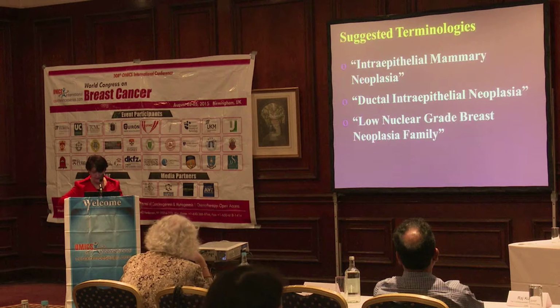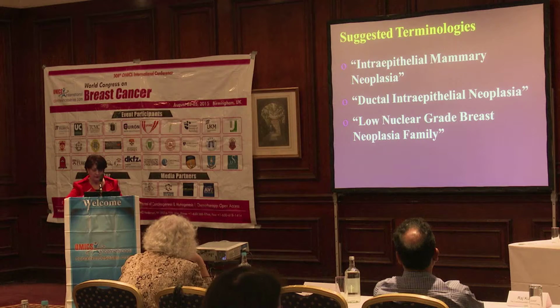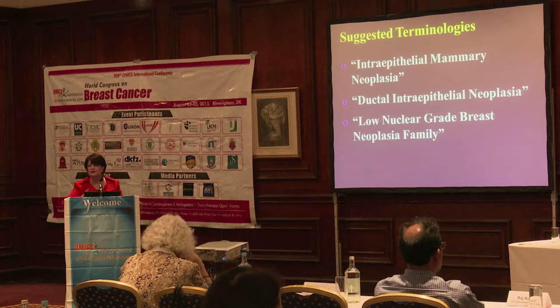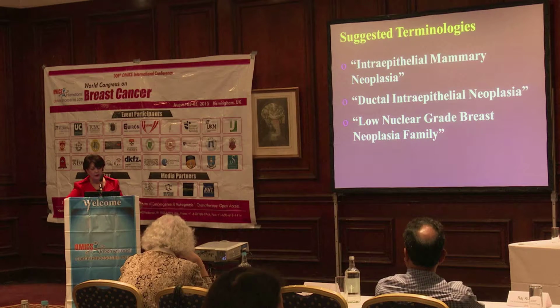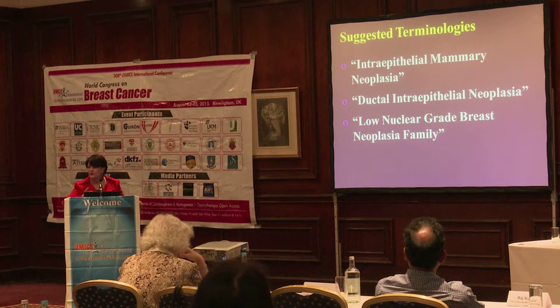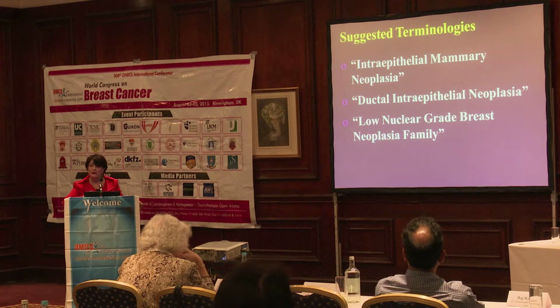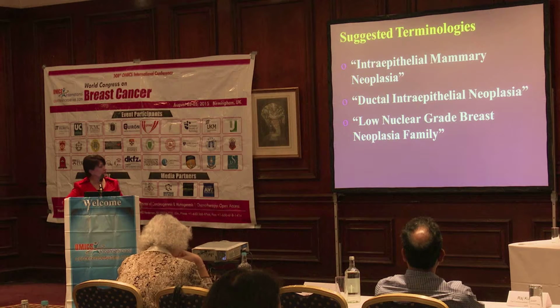And as a result of that, different morphology criteria or terminology have been proposed. Intraepithelial mammary neoplasia was proposed by Dr. Rosai in 1991. Dr. Tavassoli brought the concept of ductal intraepithelial neoplasia, which unfortunately had not really been received with significant interest among, at least, United States pathologists.